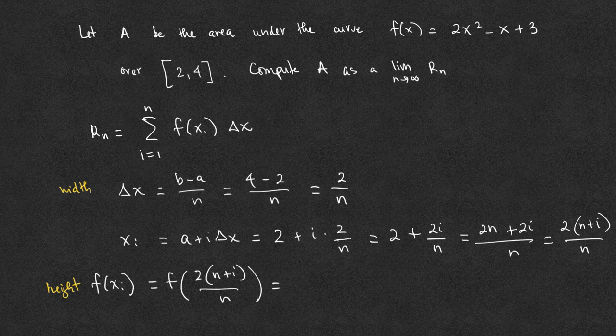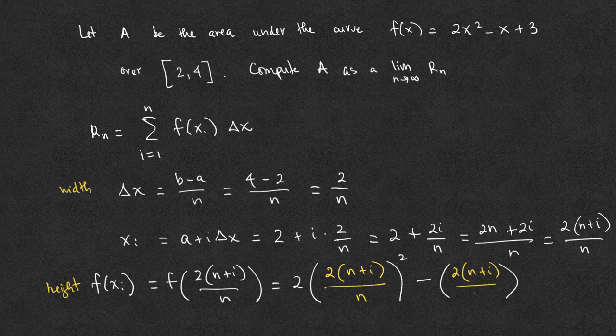It is 2 times xᵢ squared, but xᵢ is 2 times (n + i)/n, and we will square this quantity, minus xᵢ, but xᵢ is again 2 times (n + i)/n, the last term plus 3.